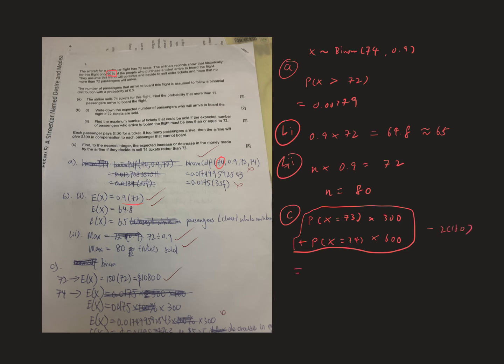That's why we get negative 289 point something, which is approximately equal to negative 298. Therefore we'll just have an extra income of $298 because of the extra pay of the two tickets.